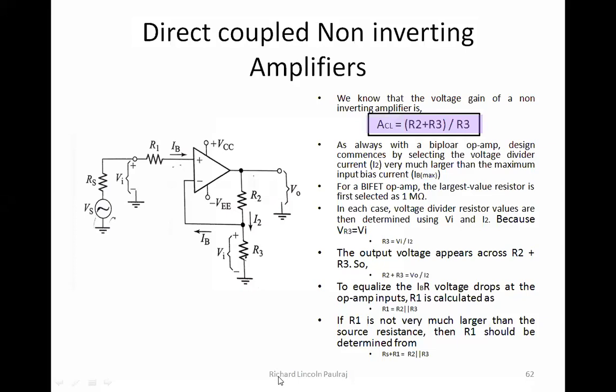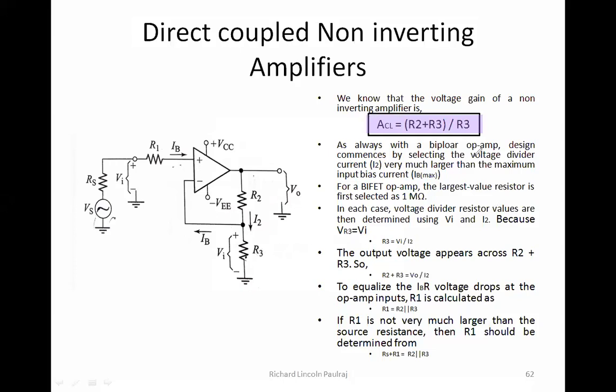So I will be considering these two resistors here, because ACL, my closed loop from the output to the input, and the gain is very much dependent on R2 and R3 divided by R3.